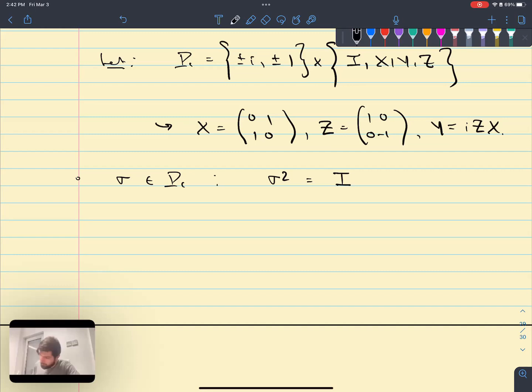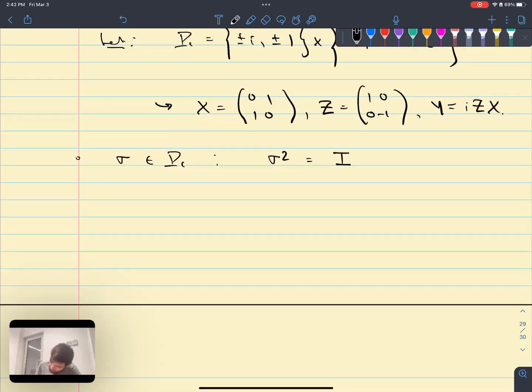And then we also have, if I have sigma i, sigma j, with i not equal to j, elements of X, Y, or Z, this multiplication table: sigma i sigma j equals i epsilon i j k sigma k. What is this?